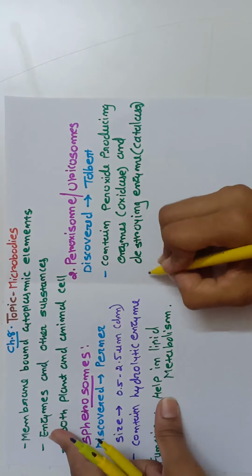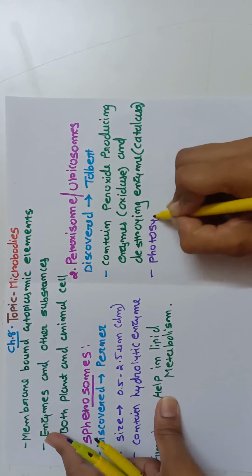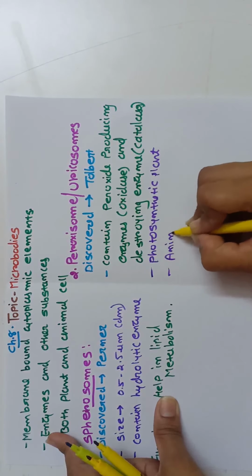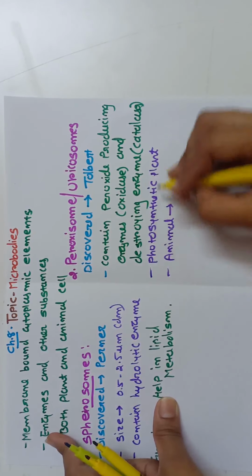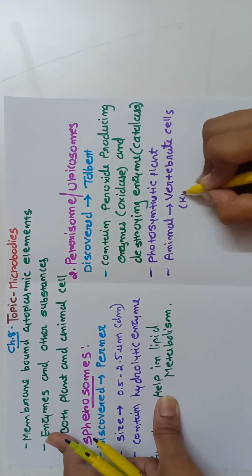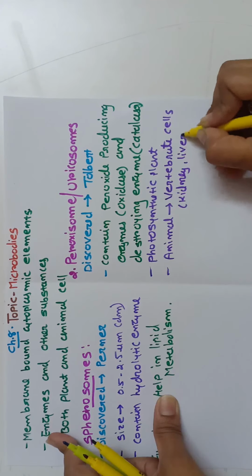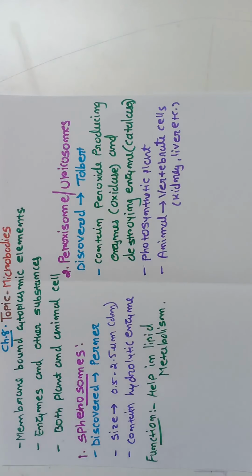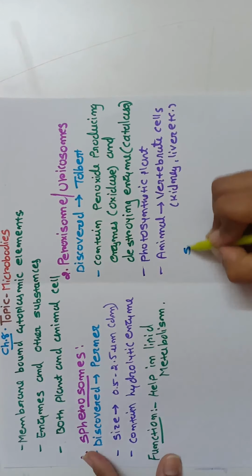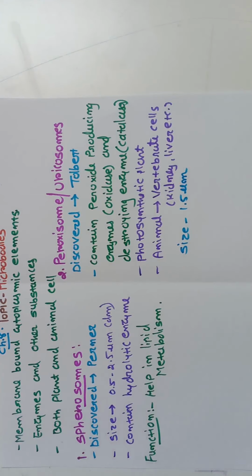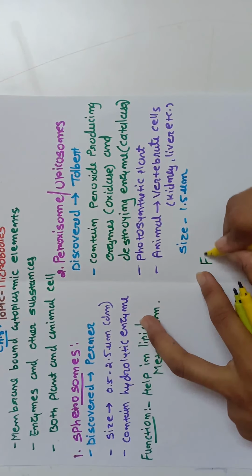In animals, it is found in vertebrate cells like kidney, liver, etc. It is also found in brain, small intestine, testes, etc. The size of a peroxisome is 1.5 micrometer.